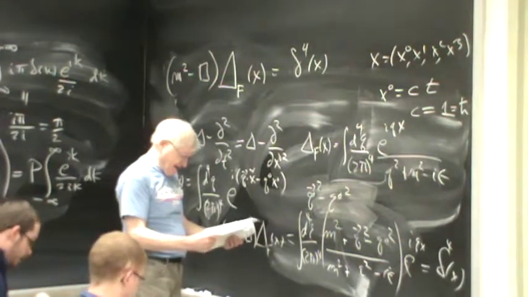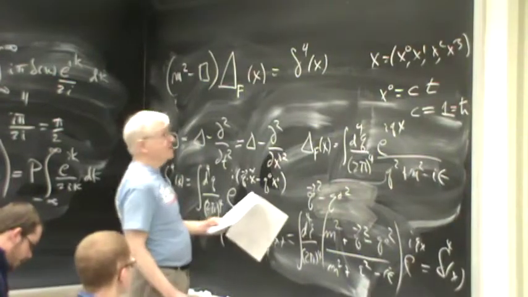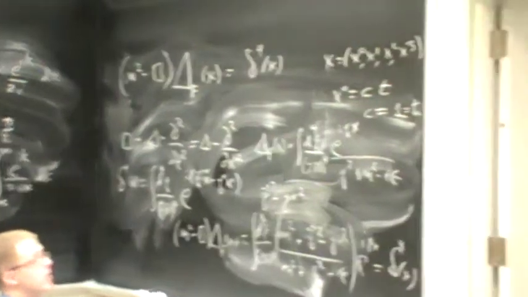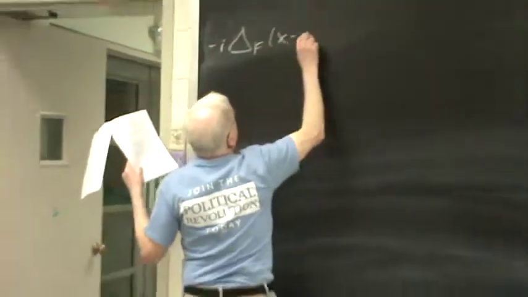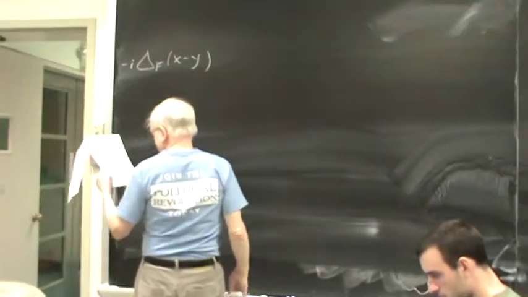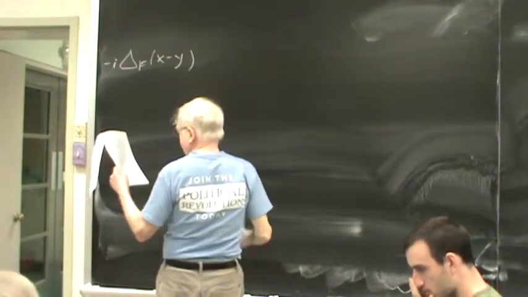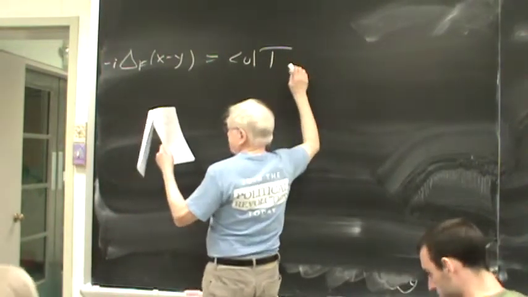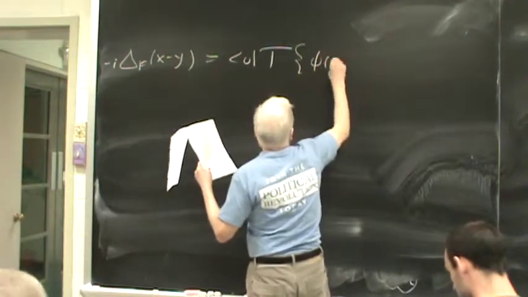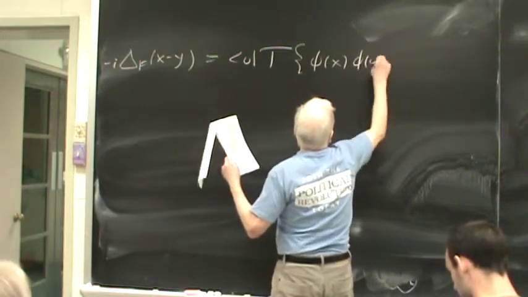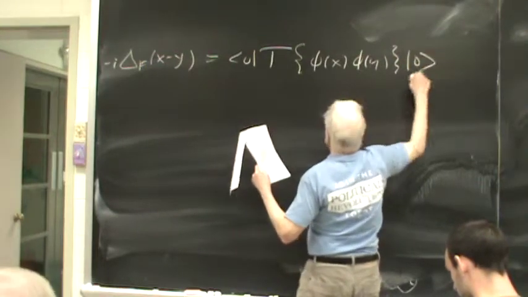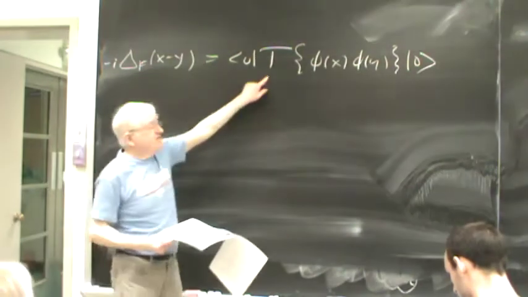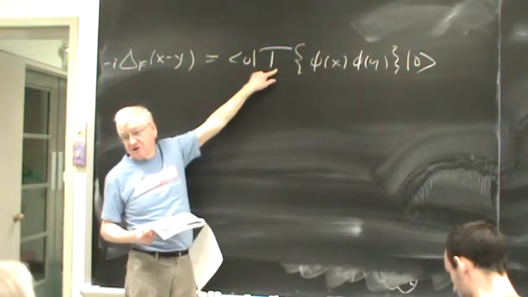If we skip to the end, what we'll find out is that minus i times the Feynman propagator is the mean value in the vacuum of the time-ordered product of two scalar fields, describing particles of mass m. And so the i epsilon is giving you the time ordering. That's what the i epsilon is doing.